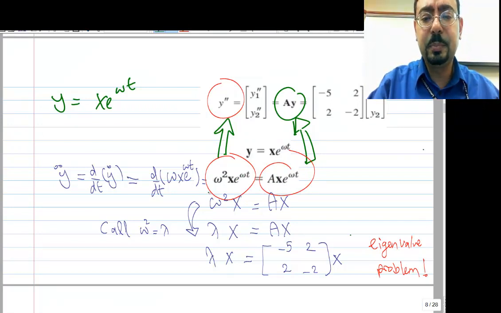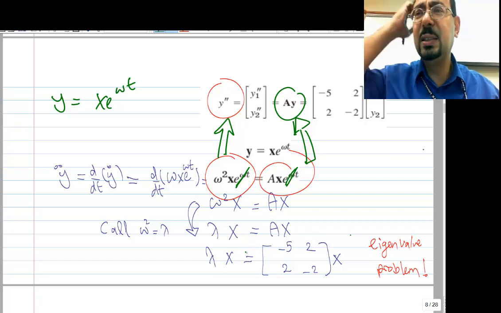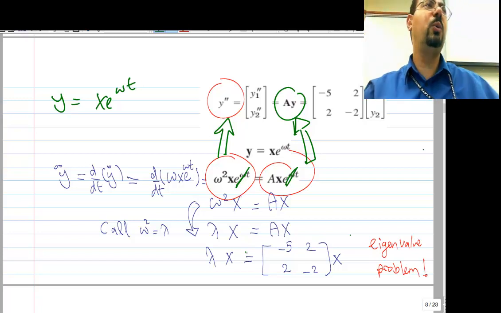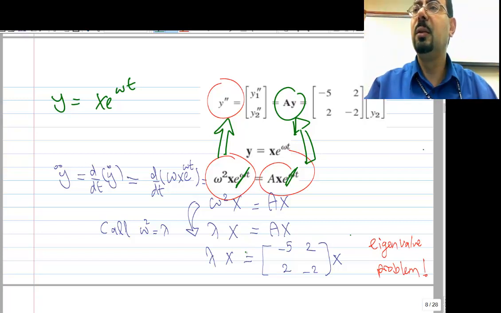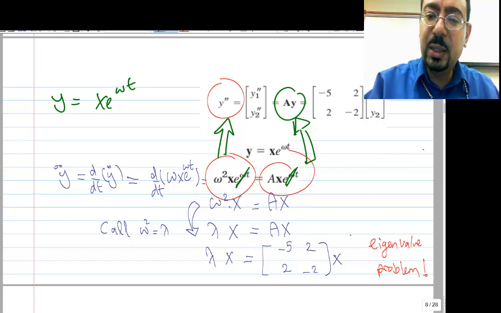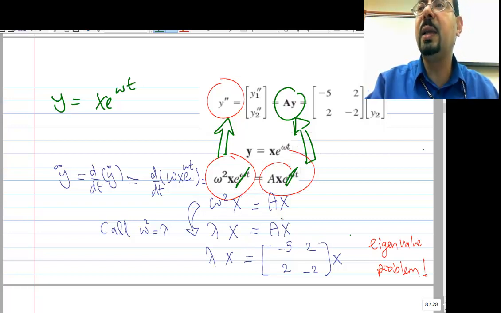Again, e to the omega t is on both sides, so we can actually cancel it. Canceling e to the omega t results in omega squared x equals A x.